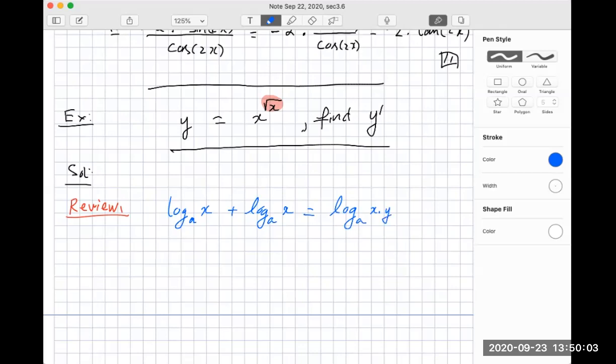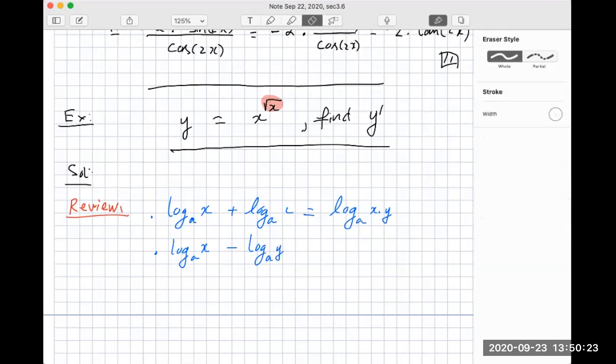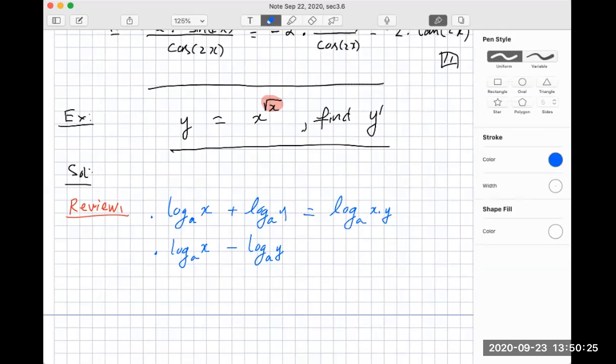Sum of logs becomes log of a product. Log base a of x, subtract log base a of y, it will be the log of a quotient, x over y. Very interesting.